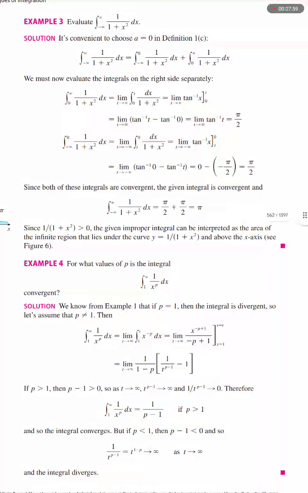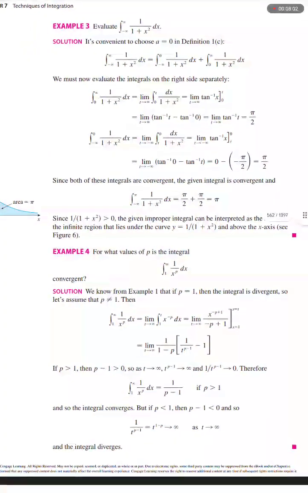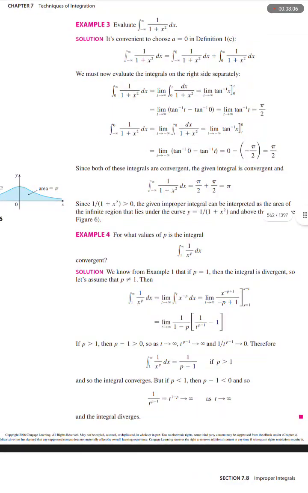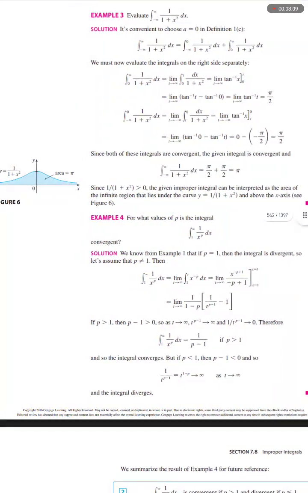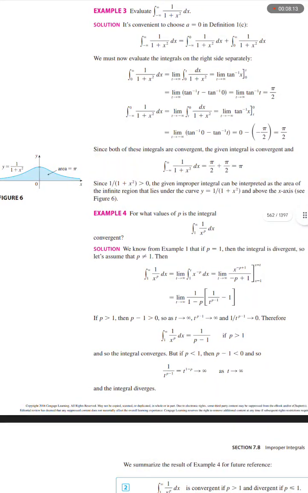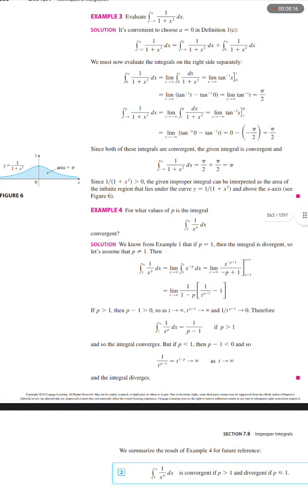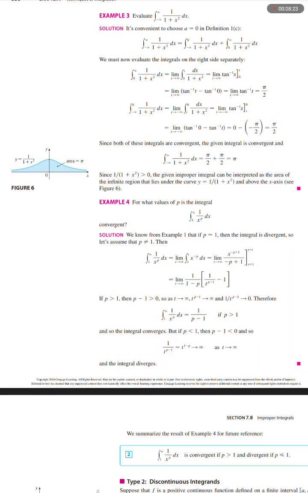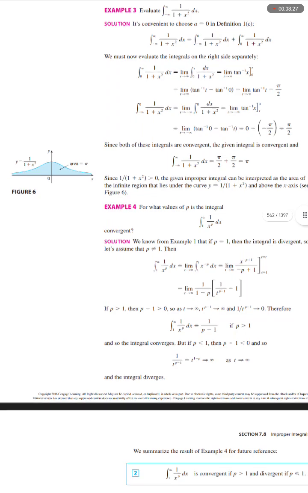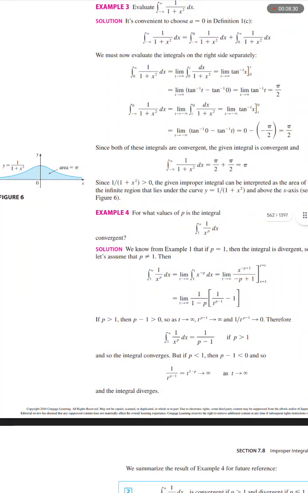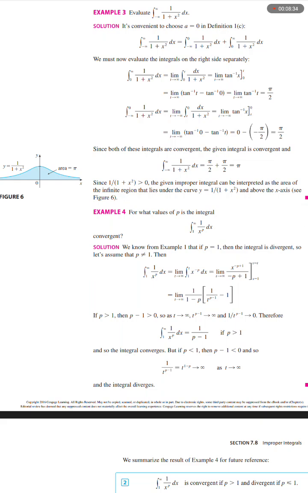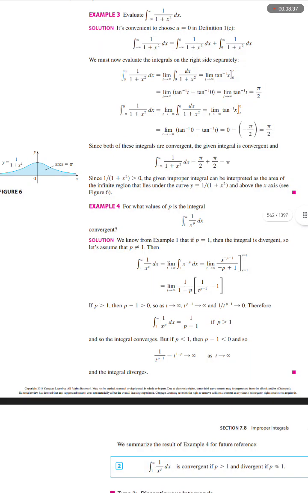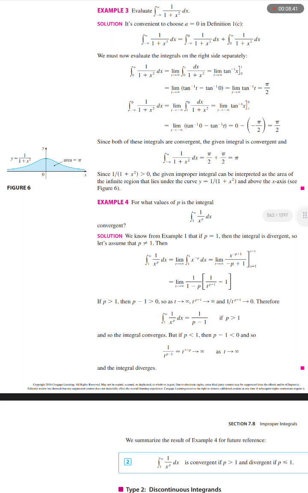Example 3. Evaluate the integral from negative infinity to infinity of 1 over 1 plus x squared dx.